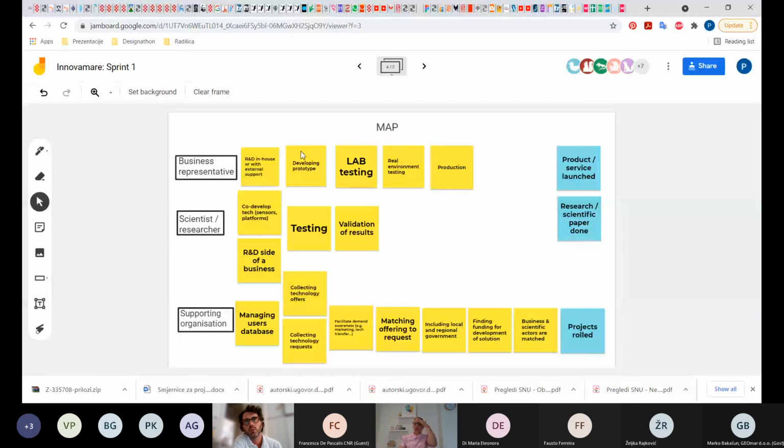Okay, and maybe after the production, actually, what happens since this product or service or sensor technology platform, whatever it is, is launched, also some kind of offering to the market.